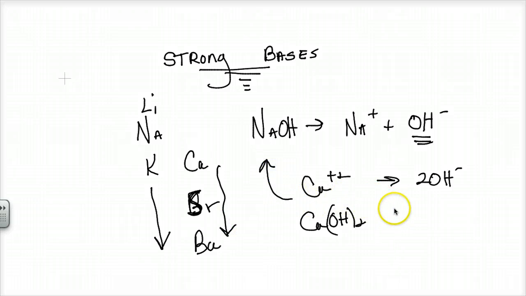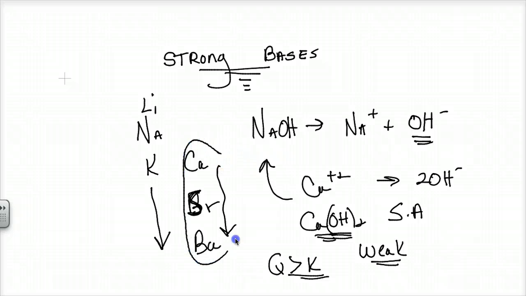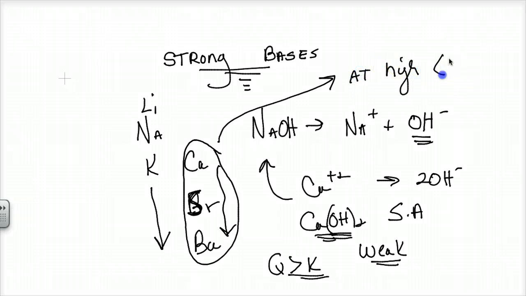In fact, they're only strong bases in weak concentrations, and if you remember your KSPs, they have some value of KSP. Once you go past that, once Q is larger than K, then these guys don't work very well. So these guys are strong bases too, except they become insoluble at high concentrations. So these guys are strong bases but at low concentrations.